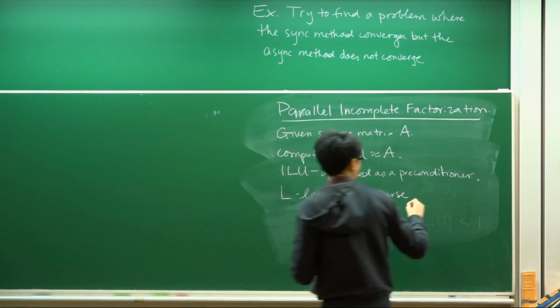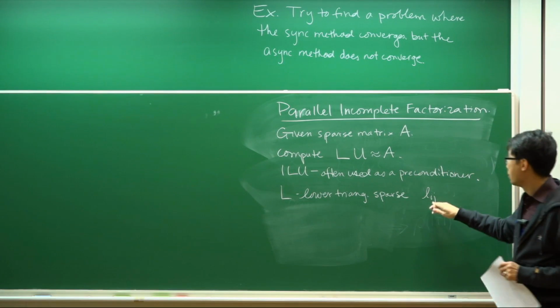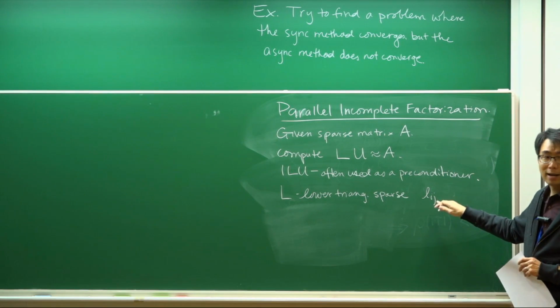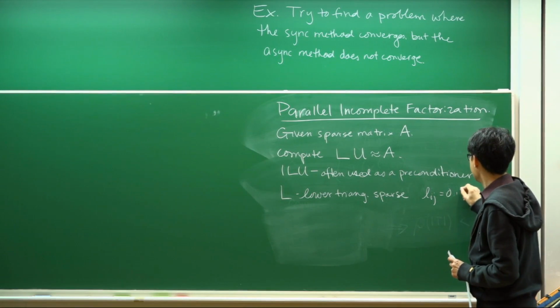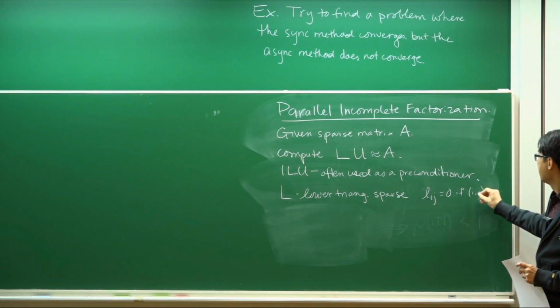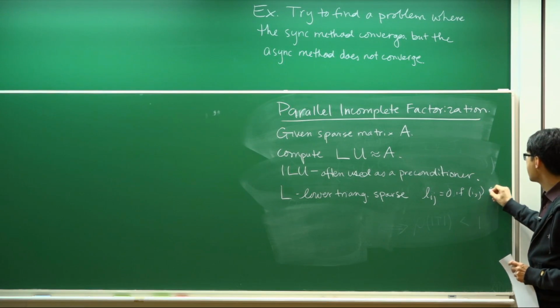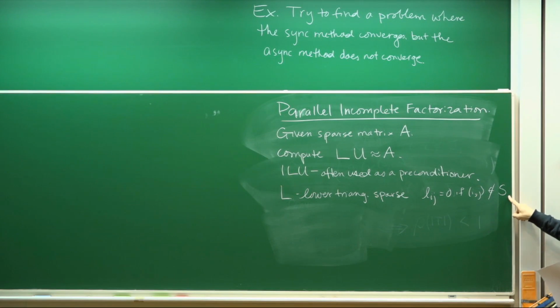And we might say that element ij in the matrix L is equal to 0 if the pair ij is not in some set S, which we'll call the sparsity pattern.